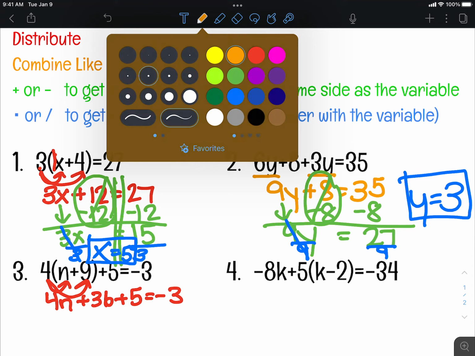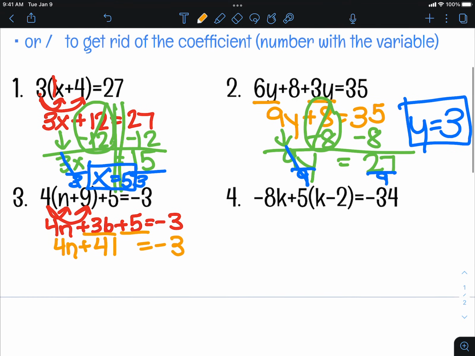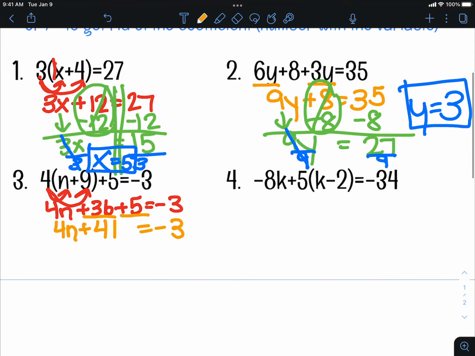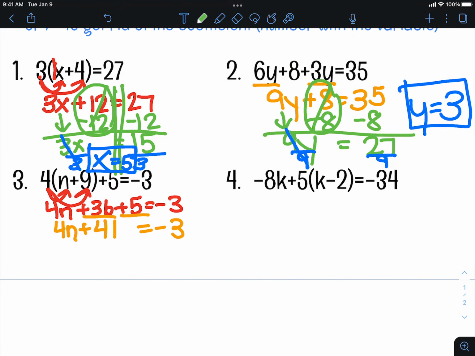Our next step is to combine like terms. Let's see, we can combine 36 and 5. 36 plus 5 is 41. And then I'm going to copy everything else. Our next step is to get rid of that integer.